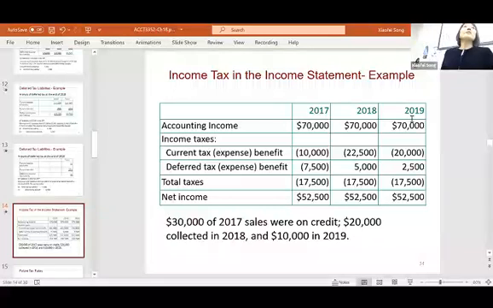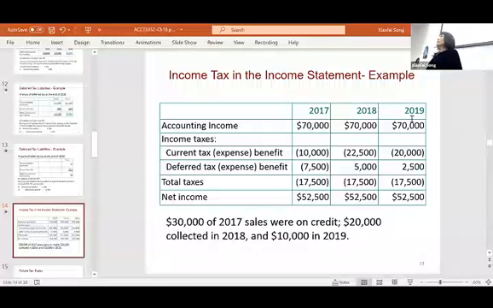In lots of cases, you will get the same results. However, the fundamental approach is different. If you apply the tax rate to accounting income, that will be the revenue expense approach. Lots of times the situation is such that you will get the same results, but that does not mean there will never be a problem. There will be a problem if the tax rate for each year is different, and if there is a tax rate change.